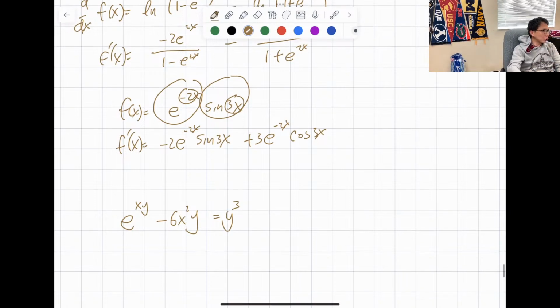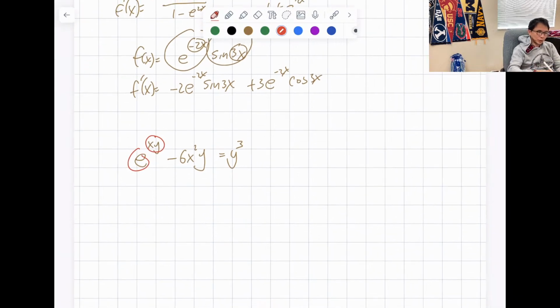Okay, did you see there's a chain rule? And do you see within the chain there's a product rule? If you see that, you're doing great. The derivative of e to the xy is e to the xy. Write it down first. Now I'm going to take the derivative of this part. The derivative of xy is 1y plus x dy/dx.